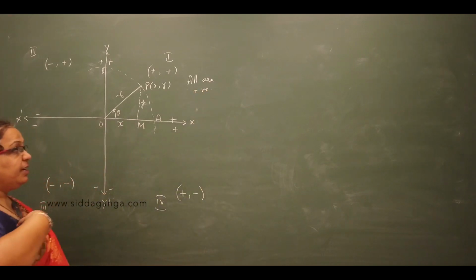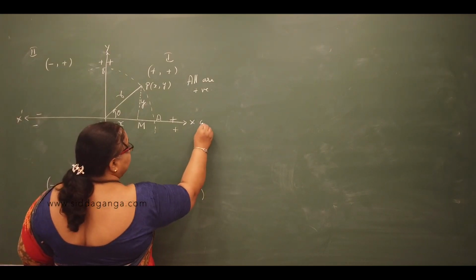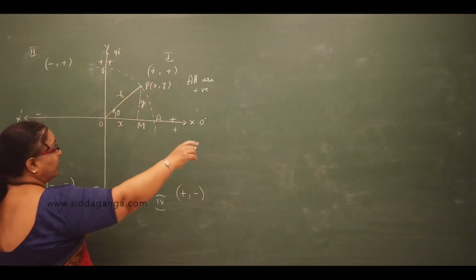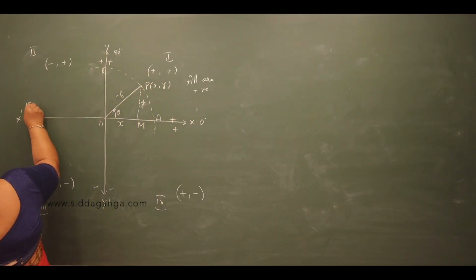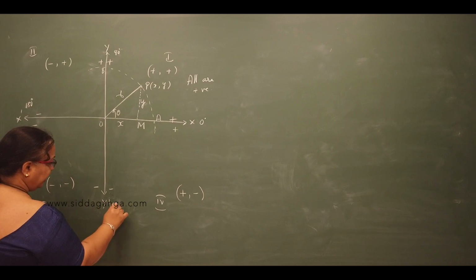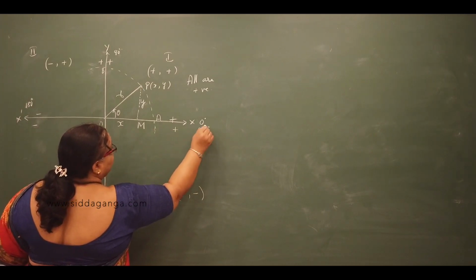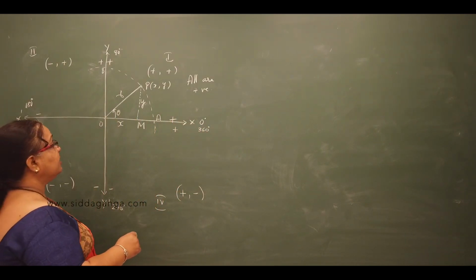All the trigonometric ratios are positive when the angle lies in the first quadrant, where the angle lies between 0 degree and 90 degree. We know that 0 degree, 90 degree, 180 degree, 270 degree, 360 degree are called quadrant angles.